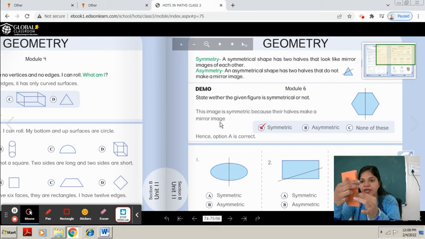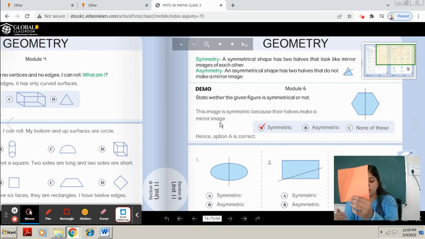Now you can see, students, one half means this part, one half completely covers the other half. I will explain again. You can see one half completely covers the other half. Means you can say two halves, one and two.